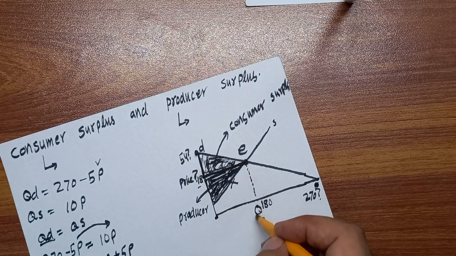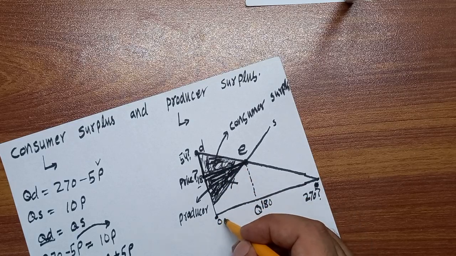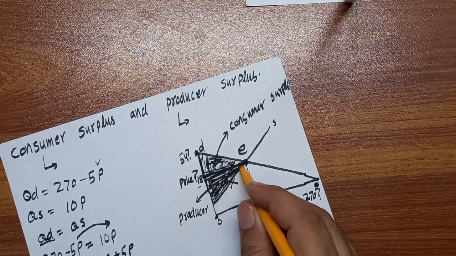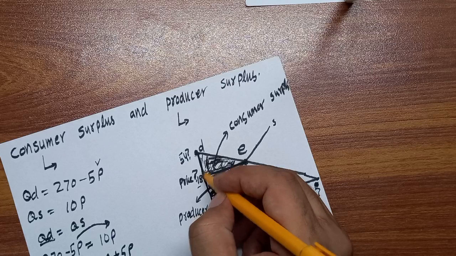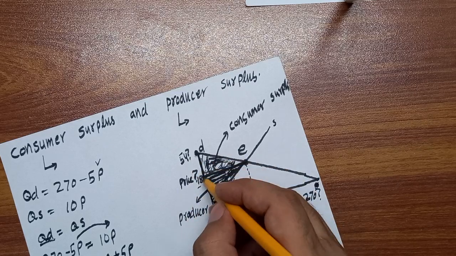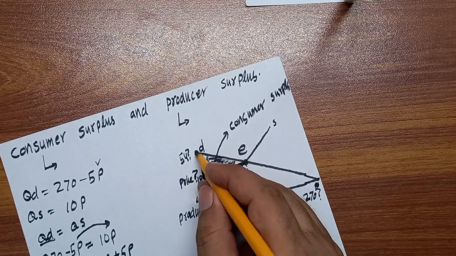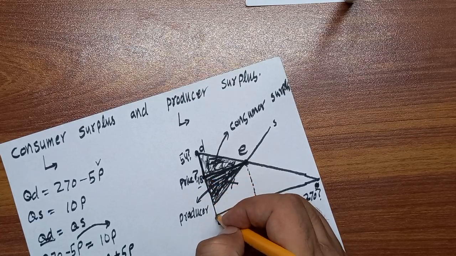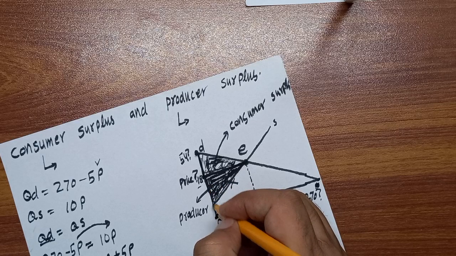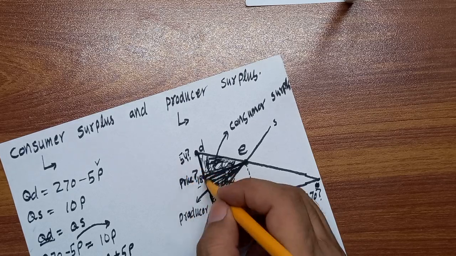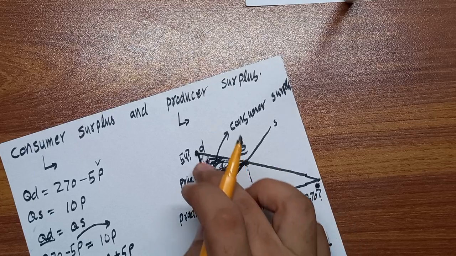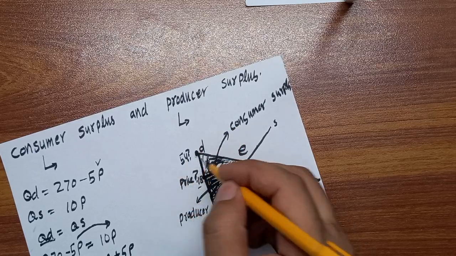The base is 180, because from 0 to here we have 180. But here we have 54, and we need only this part, so we will subtract this area. From 54 we will subtract 18, and we will get this area only.